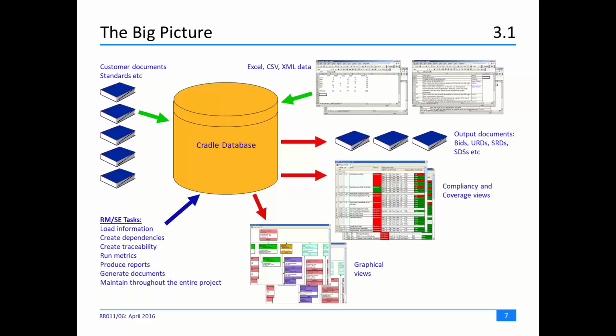So that database is then filled with documents that we can load from external sources, and Cradle provides tools to help with that. We can load data, upper right corner of the slide, with data from external tools, be those document processing tools, Microsoft Office, LibreOffice, those kinds of things, be they raw data files, be they pieces of data from other requirements management or system engineering tools that other organizations may use, as well as directly entering the information by hand.